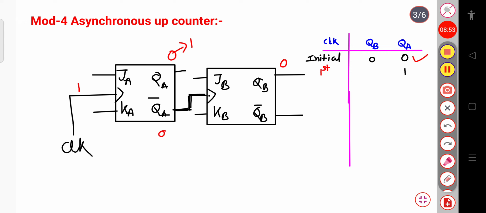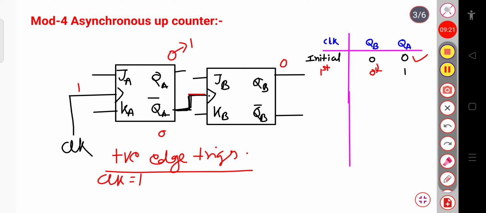QA bar will be, since QA is 1, its complement 0. So 0 is given to the clock pulse, so QB will again be 0, that is the previous value. It will remain as it is because the clock value is 0, the pulse is 0, so it is in the off condition. If you remember, we have already discussed that in the case of positive edge triggering, when the clock is 1, the flip flop is in the on condition, and when the clock value is 0, the flip flop is in the off condition.